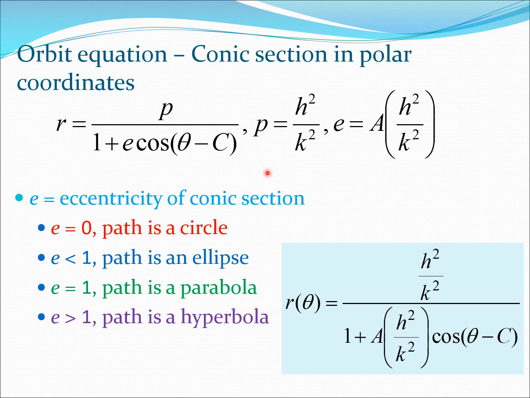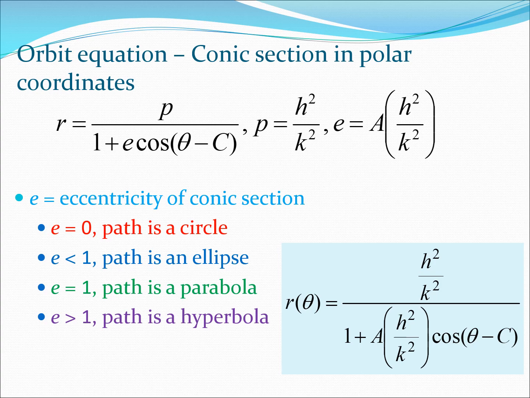So now this is a purely mathematical problem involving e, and if e is 0, the path is going to be a circle. If e is less than 1, then you have an ellipse. If e equals 1, you will have a parabola, and if e is greater than 1, the path is a hyperbola.